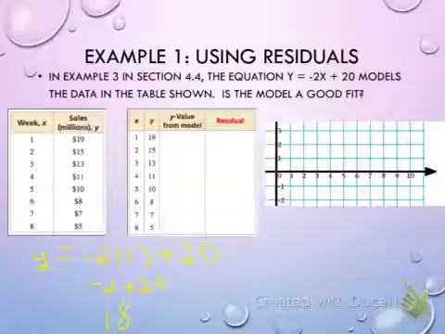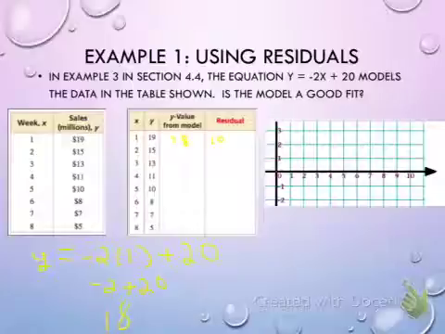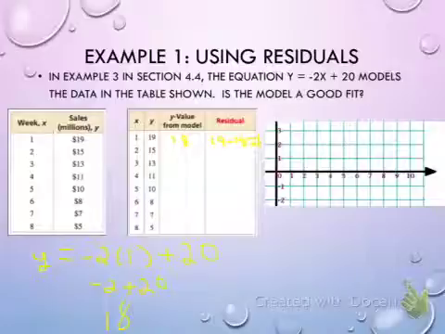So for my first one, it would be 18. So my residual would be that 19 minus 18, which is going to be a 1. Now I'm going to do that with all the values here.